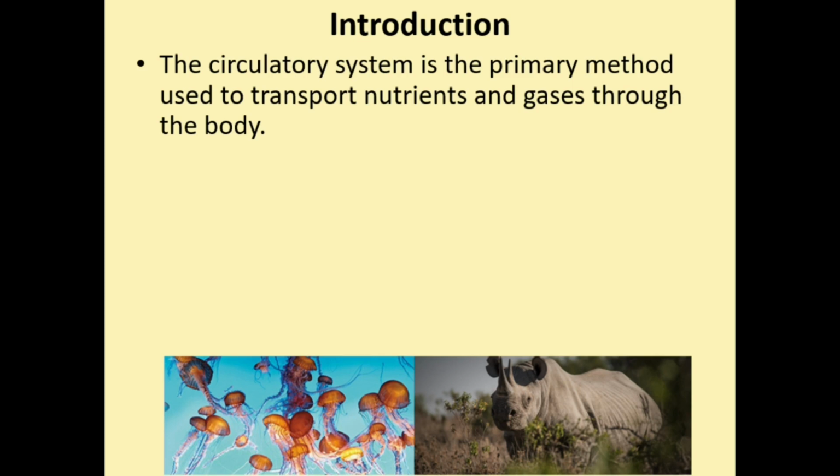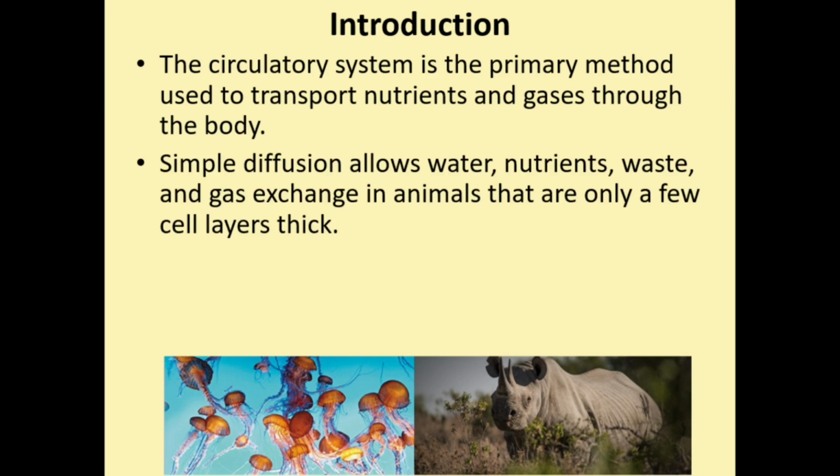But one thing's true with all of them: when they get oxygen into the body, they need to be able to get it around the body. Oxygen needs to get to all parts of the body, as do nutrients, and as do waste products. They need to be collected up from all parts of the body. So animals require some form of circulatory system, and as we'll see as we go through, they come in a lot of different types.